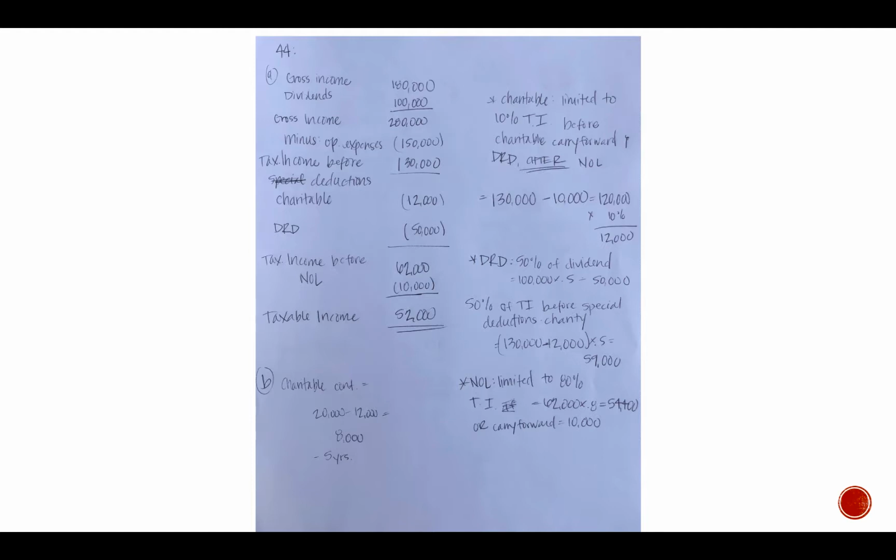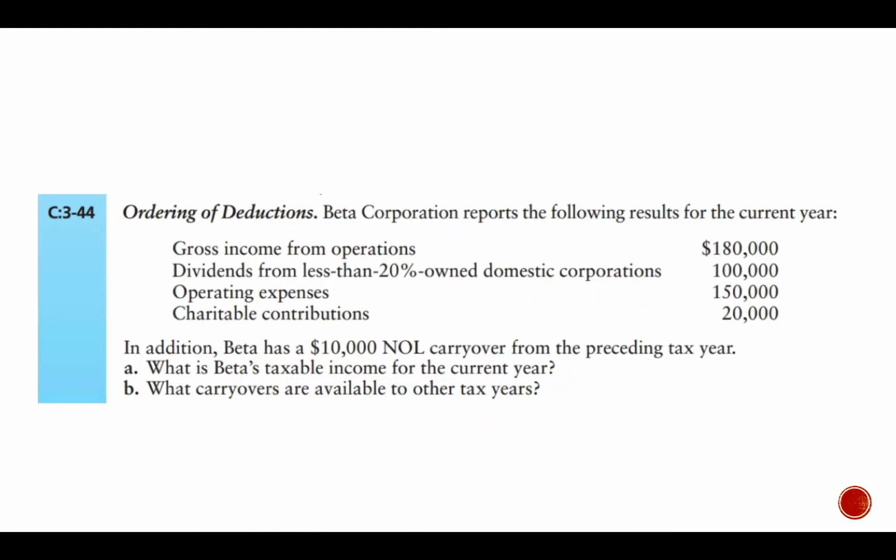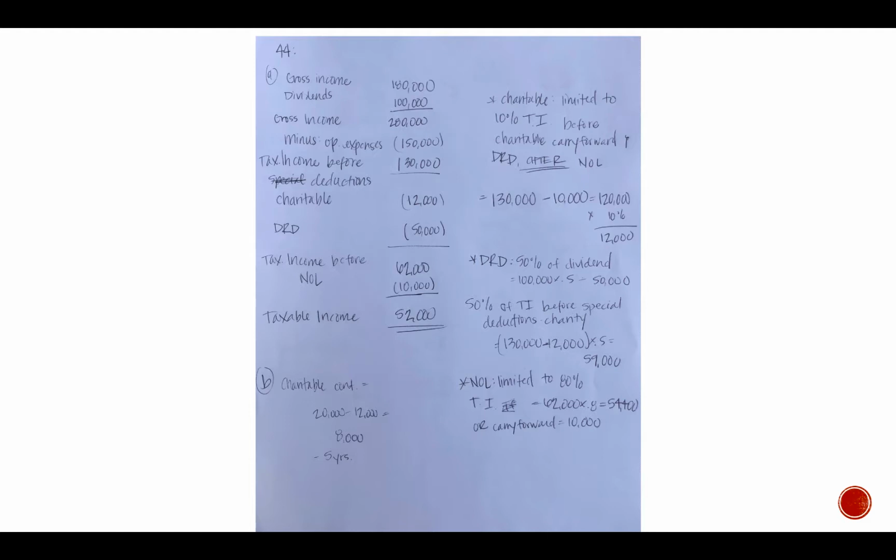So we have $130,000 of taxable income now. We subtract that net operating loss of $10,000, which is given to us. We have a net operating loss carry forward of $10,000 to get $120,000. Then we apply our 10% charitable limit to that amount. So our charitable deduction is $12,000 this year.